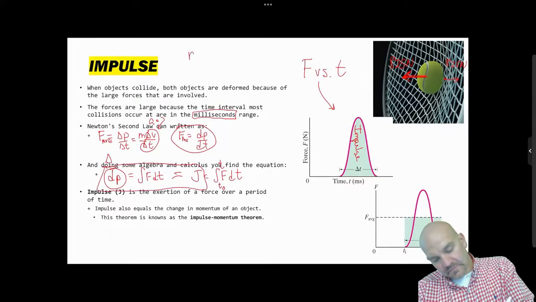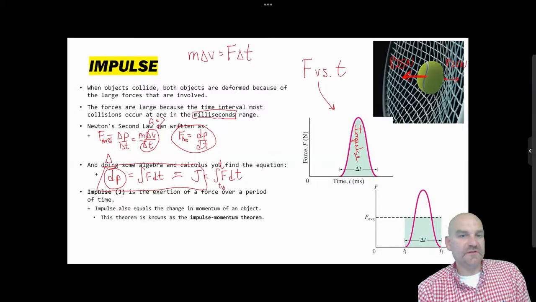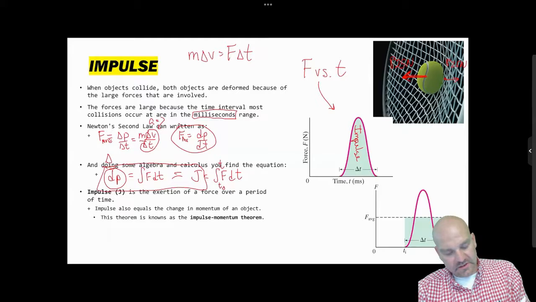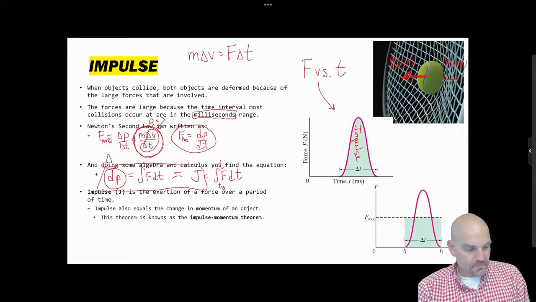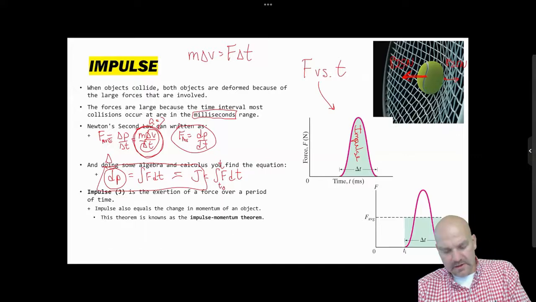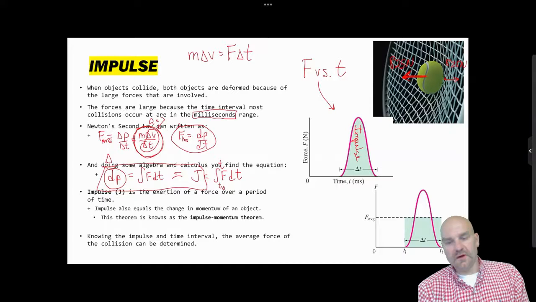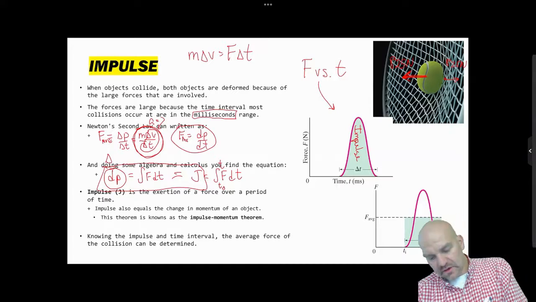Last year, or in an algebra-based course, the impulse momentum theorem is simply m delta v equals F delta t. It's just a reworking of this m delta v over delta t equation. Now, if we know the impulse and the time interval, we can figure out the average force.